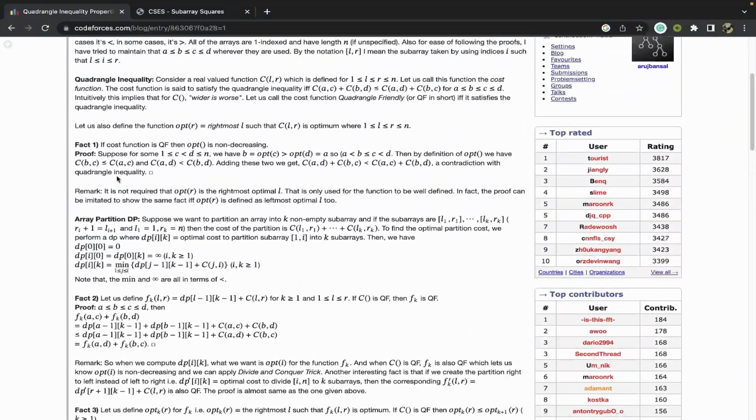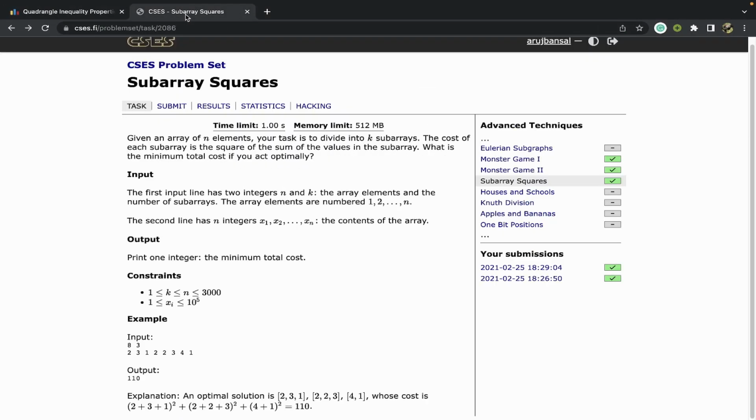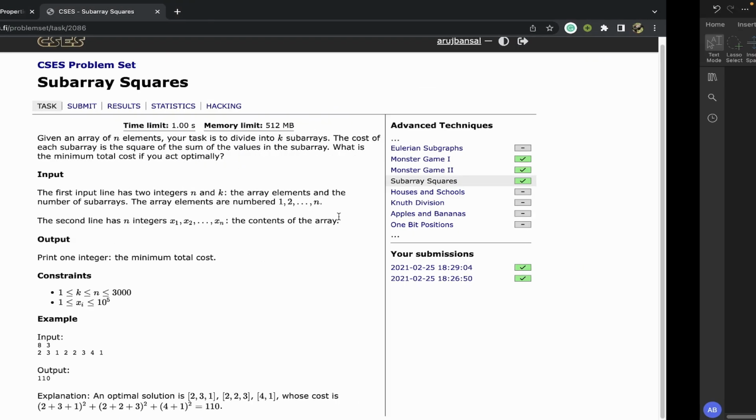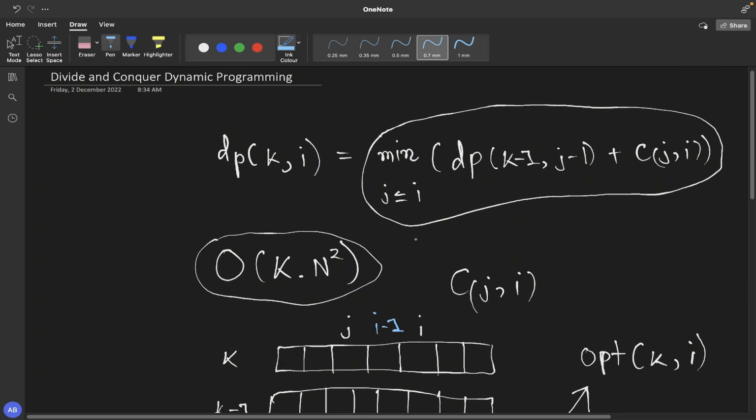If you're very interested in the math behind it, you can check it out, but you actually don't really need it, because the simplest way to find out whether the dynamic programming problem can be optimized with this optimization is essentially to run this O of k times n squared algorithm, and whenever you do, also store the minimum j. You should also just compute the value of this opt of k comma i, and then you can use checks.